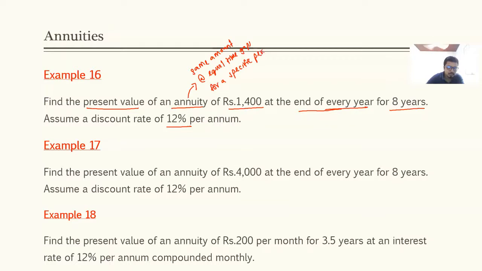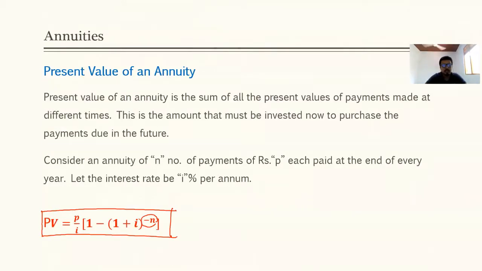The amount is 1,400, and we make this payment at the end of every year for 8 years. The discount rate is given as 12% per annum. So by using this formula, how can we find the present value?